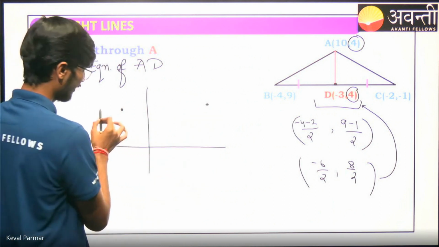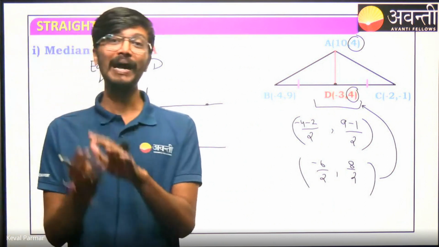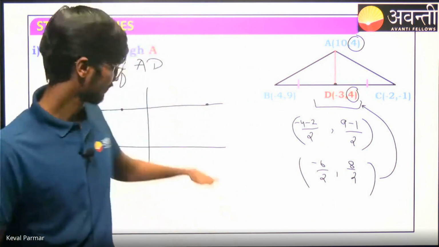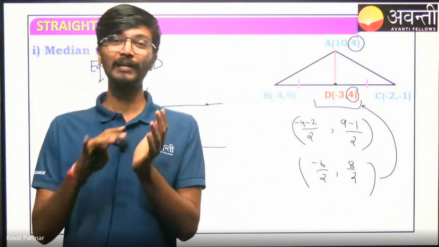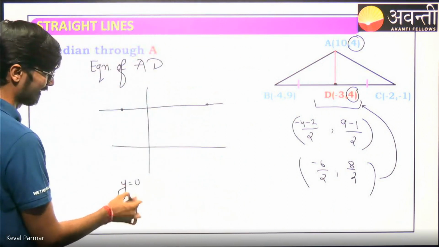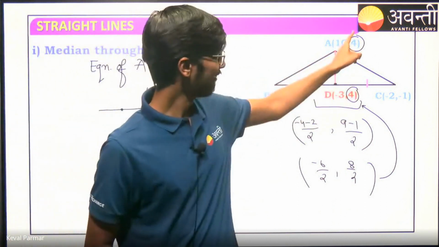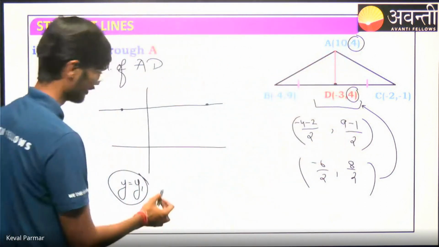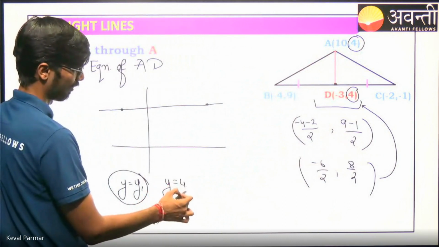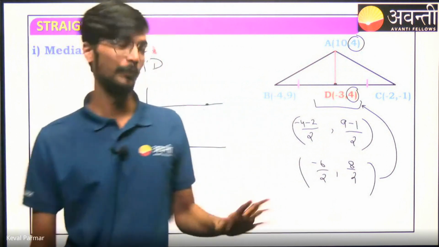If I join this, I'll get a straight line parallel to the x-axis. And what is the equation of a straight line parallel to the x-axis? It is y equals y1. So here you can see y1 is 4. That means the equation is y equals 4. No need to use slope point form. I hope you understood this.